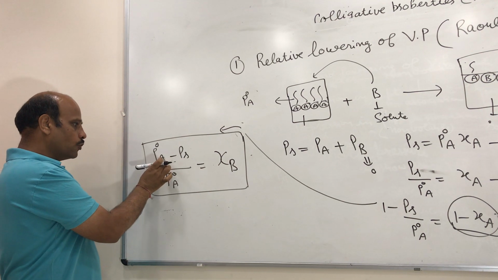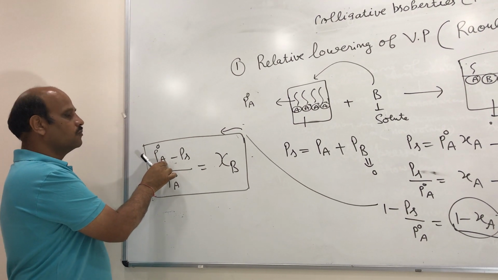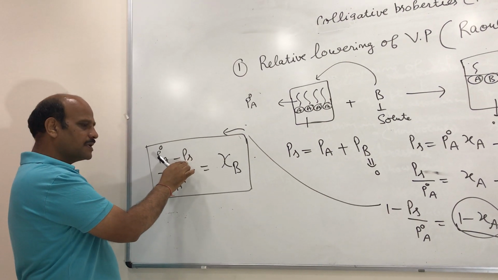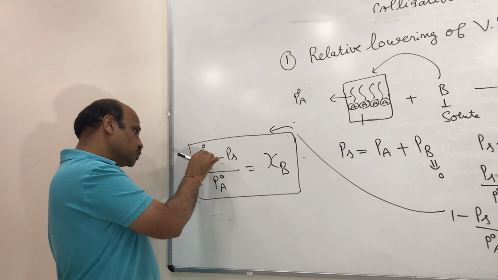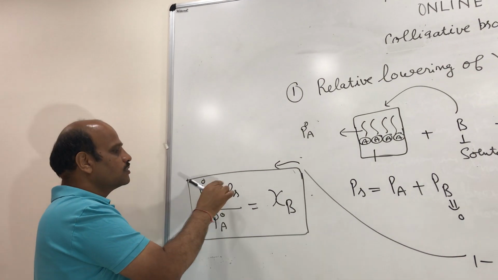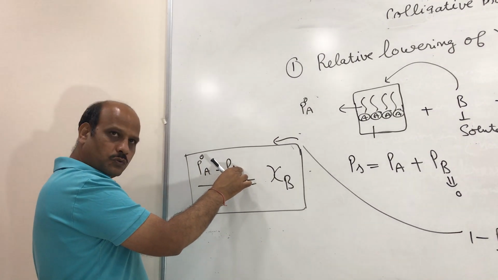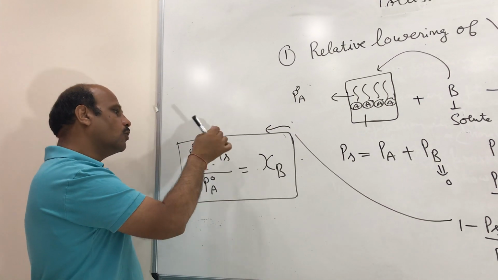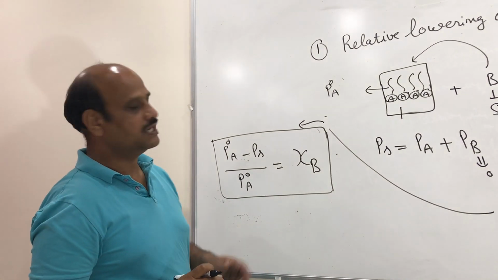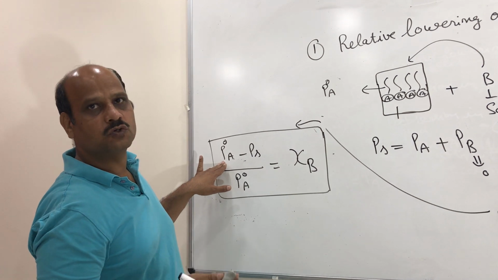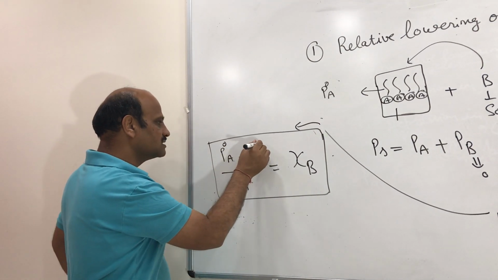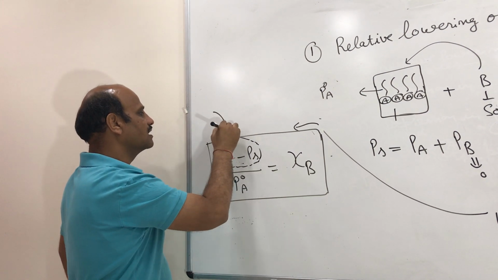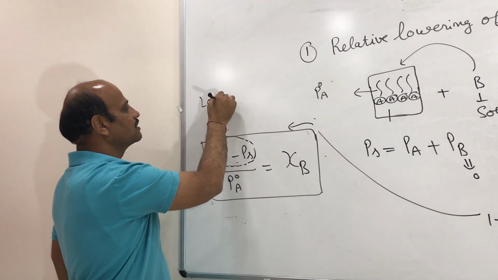Understand here. P naught A means vapor pressure of pure state. And this is PS, vapor pressure of solution. It means solvent vapor pressure is more than that of solution, because it is subtracting here. Or you can say on addition of non-volatile solute into pure liquid, vapor pressure goes on decrease. This quantity is called lowering in vapor pressure.